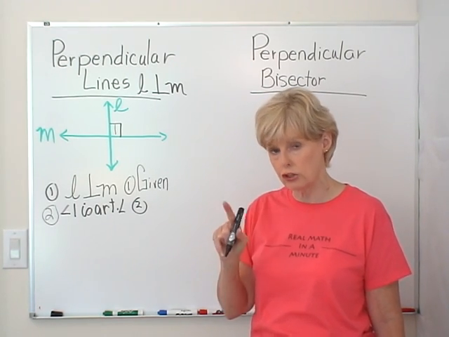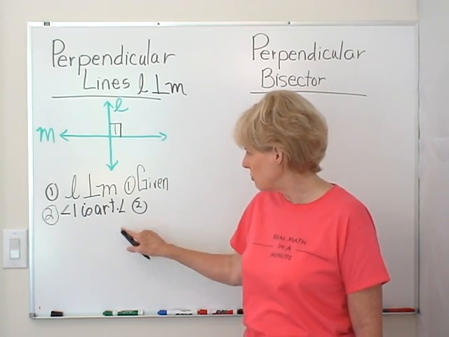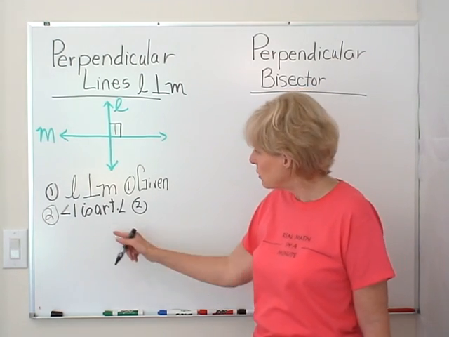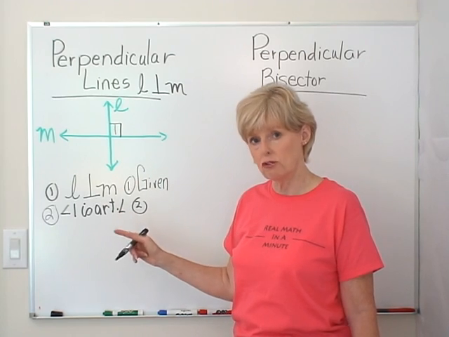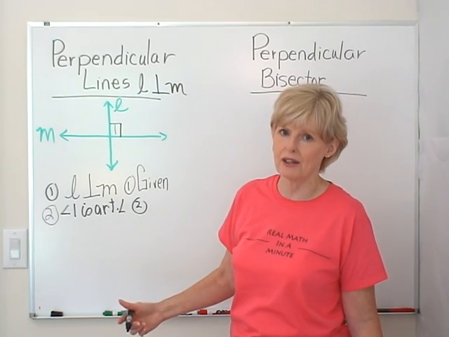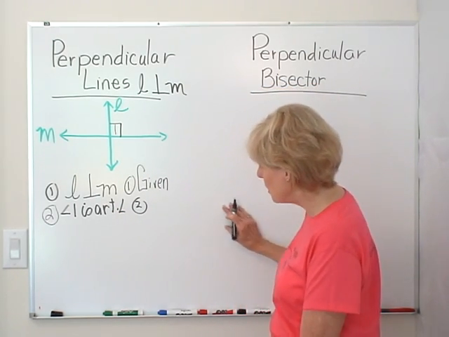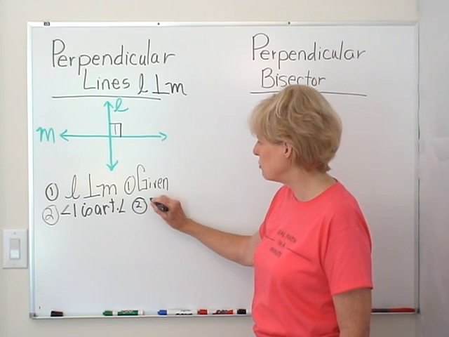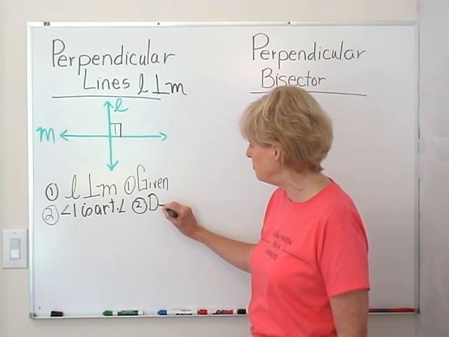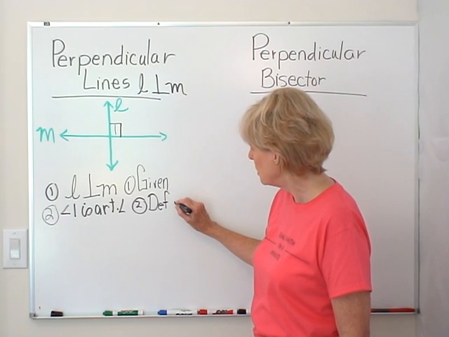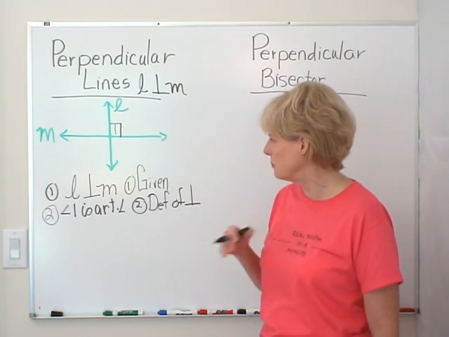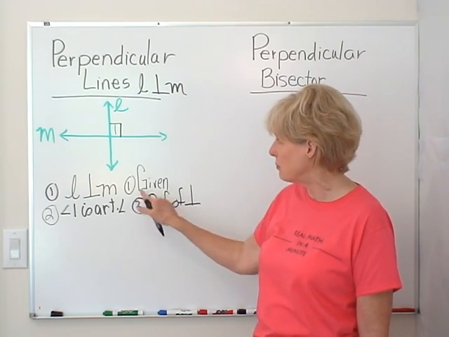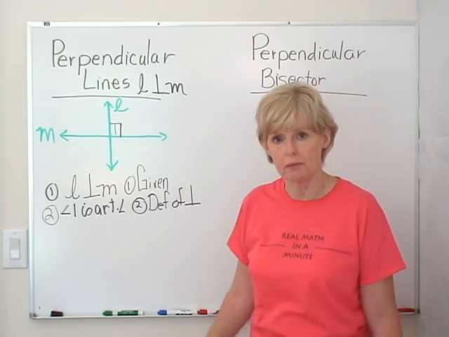How do I know for sure that that is true? Well, I know for sure because we just defined perpendicular lines to be two lines that form a right angle. So instead of writing out the whole definition, I can just write definition, I can abbreviate, of perpendicular. And that tells us that we have a right angle.